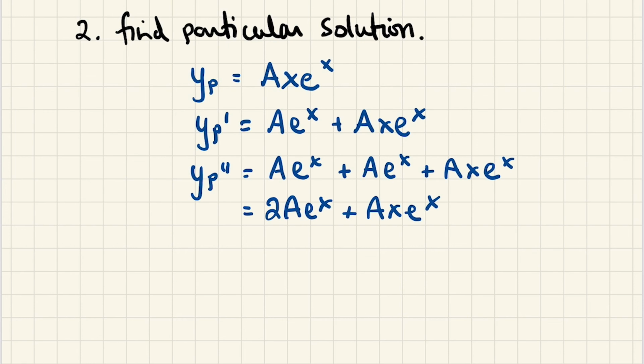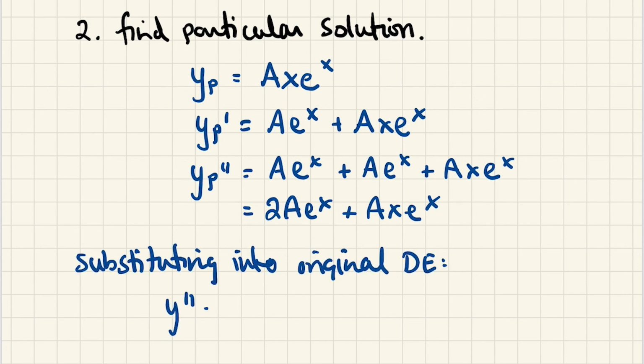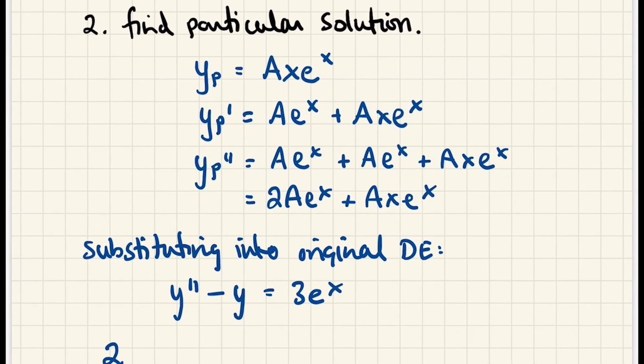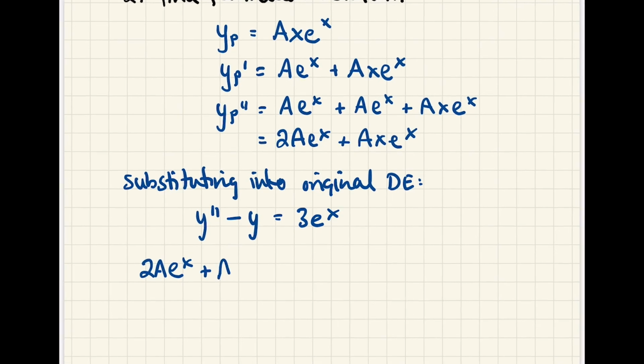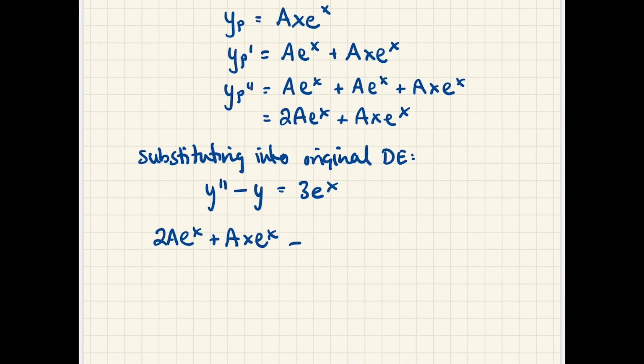All right. So now we're going to take those things and stuff them into the original differential equation, and we are going to get finally something that makes sense, and we'll be able to determine what that a value is. So y double prime, this is 2a e to the x plus ax e to the x, minus y, which is ax e to the x.